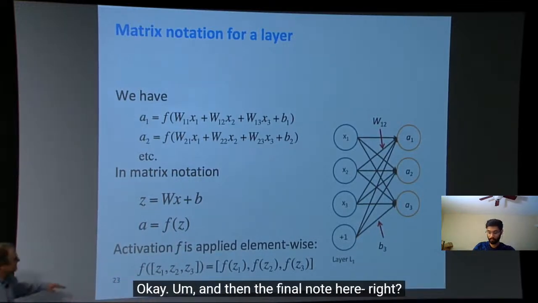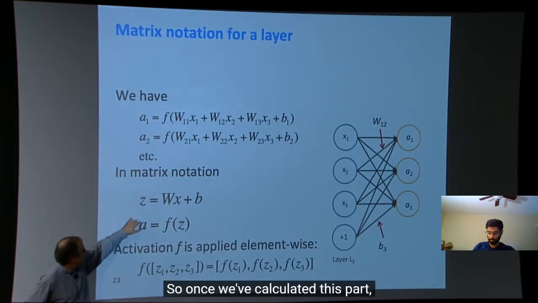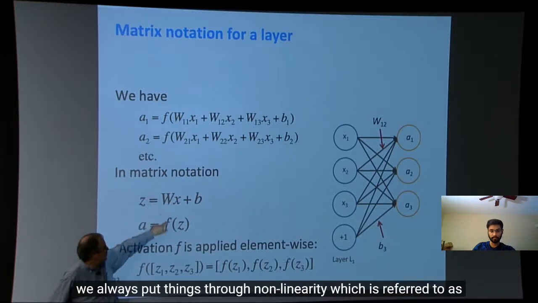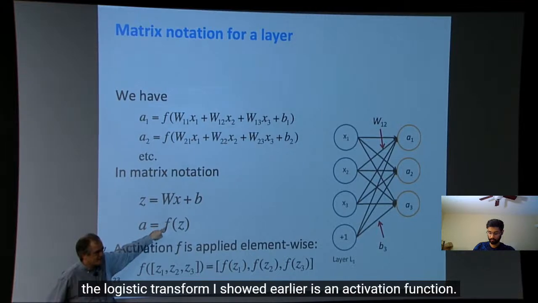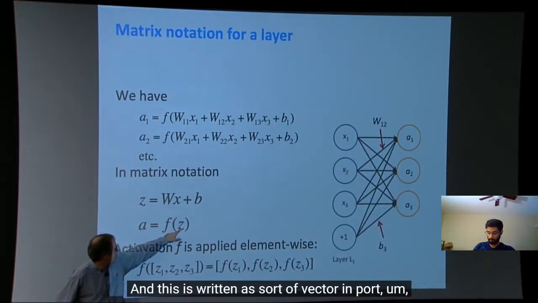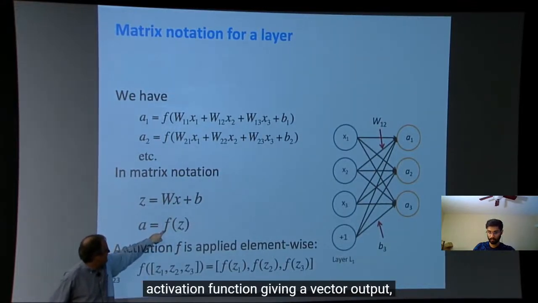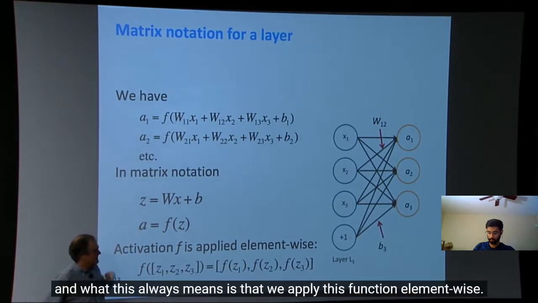Okay. And then the final note here: once we've calculated this part, we always put things through a nonlinearity, which is referred to as the activation function. Something like the logistic transform I showed earlier is an activation function. And this is written as a vector input, activation function, giving a vector output. What this always means is that we apply this function element-wise.